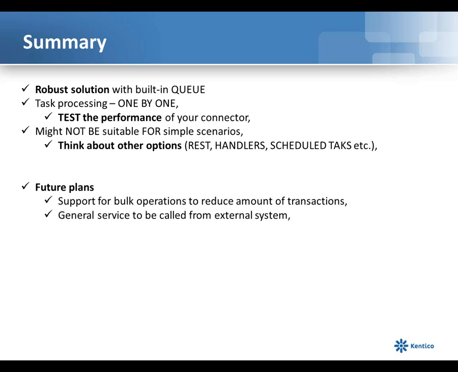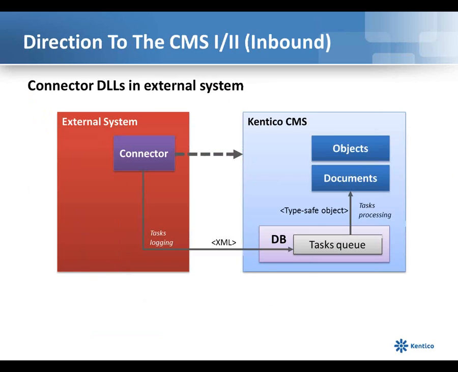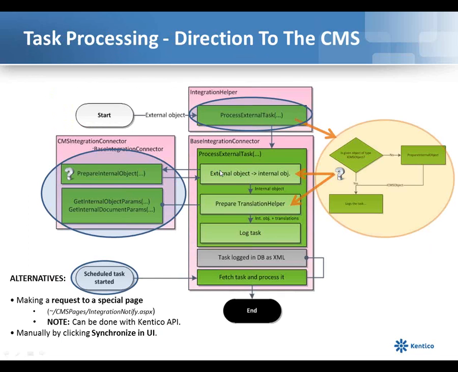So from the perspective of future plans, what we're planning is to actually implement bulk operations for those tasks to reduce the amount of transactions, so improve the performance even more, and give you some kind of a general service that you can call from an external system, rather than implementing your own web service or WCF service, because otherwise you would need to use Kentico DLL files outside of Kentico, basically all of them, in order to call that specific method that I was talking about.